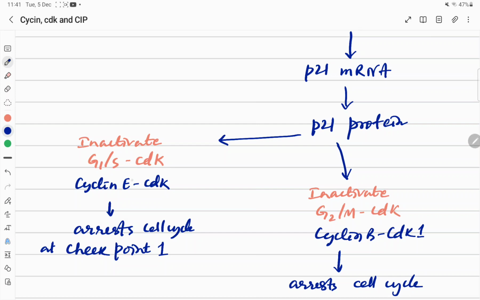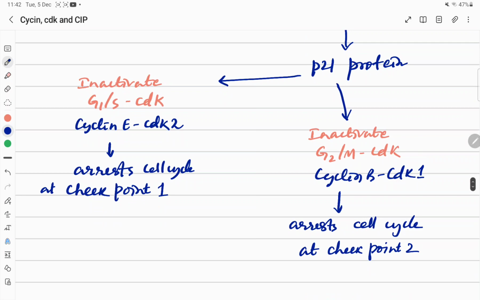So it will inactivate the Cyclin E and CDK2 complex, and similarly it will inactivate G2M Cdk, that is cyclin B and Cdk1 complex. So by inactivating the cyclin E Cdk2 complex, it arrests the cell cycle at checkpoint 1, and by inactivating the cyclin B Cdk1 complex, it arrests the cell cycle at checkpoint 2.